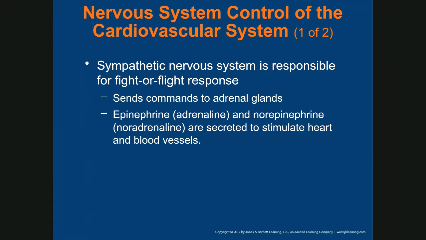Now, when there is an issue in the body with the cardiovascular system, the autonomic nervous system is going to be triggered, specifically the sympathetic nervous system. The first thing that comes out is going to be norepinephrine or noradrenaline, right?